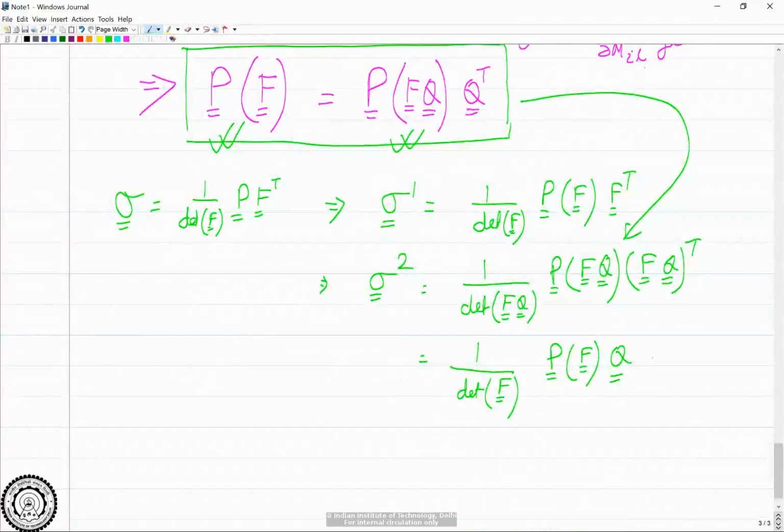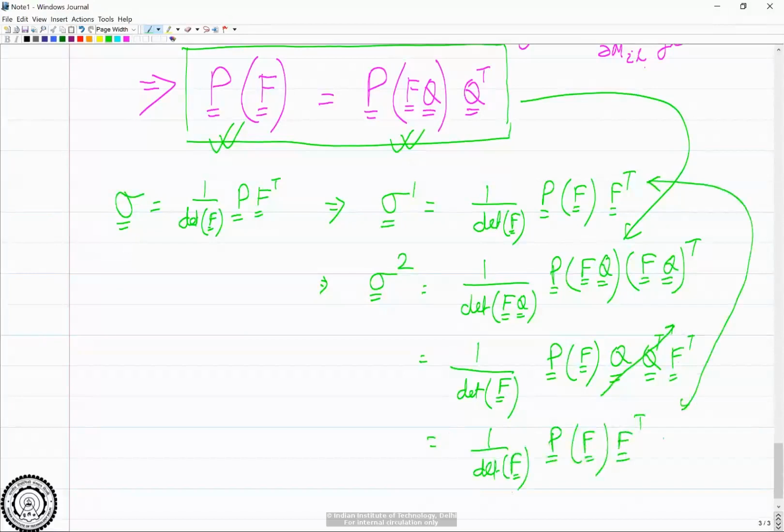So, and then this is now Q transpose into F transpose, right? Now this goes away. So you get 1 over determinant of F into P F into F transpose, which now if you compare with this is same as sigma 1.